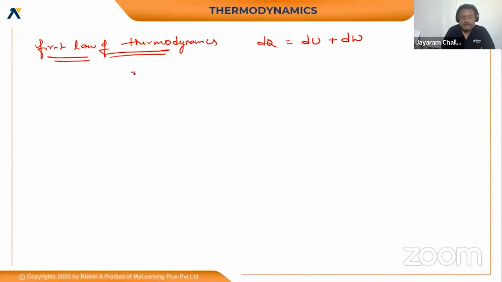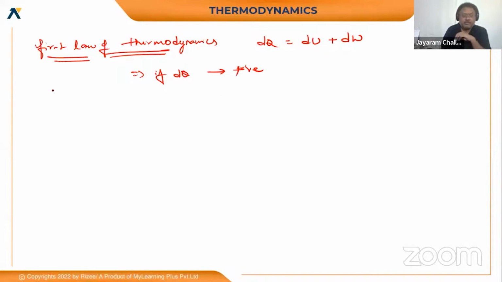Okay? In the sense, if dq is positive, then its meaning is that heat is supplied, and dq is equal to du plus dw.